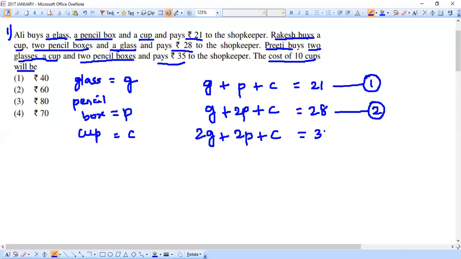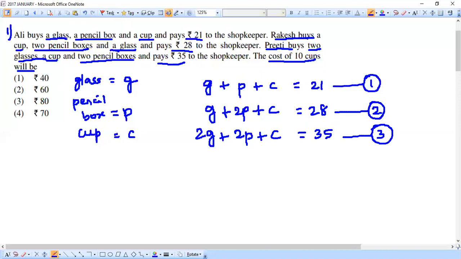So we will note it as 35 and call this equation number 3. Fine, done. So successfully we have set three equations using the three pieces of information. Finally, all we need to do is solve these equations and find the cost of 10 cups. That is, we need to find the value of C, right?